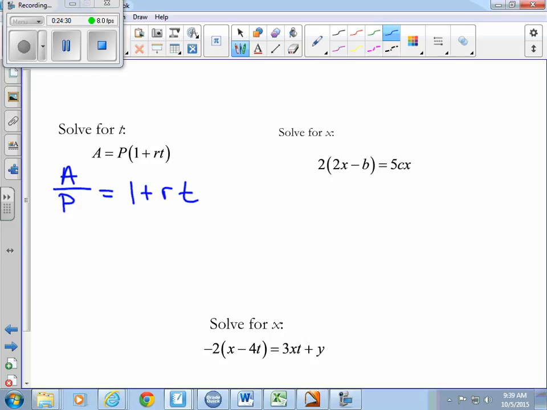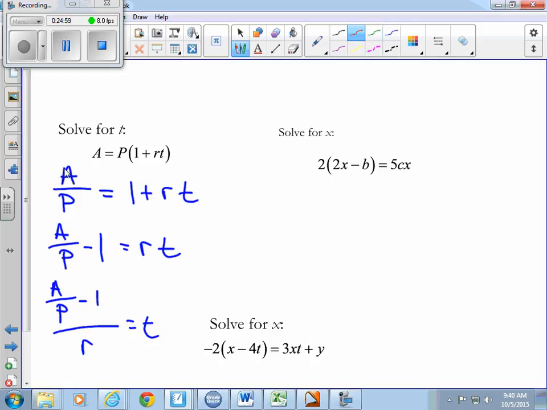Because I want to get t by itself, so I want to keep t on one side. But I like to subtract. Okay, very good. And then last step. Divide by r. And we got t by itself, right?